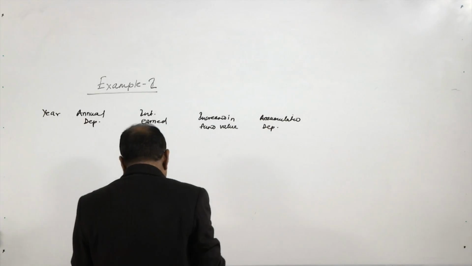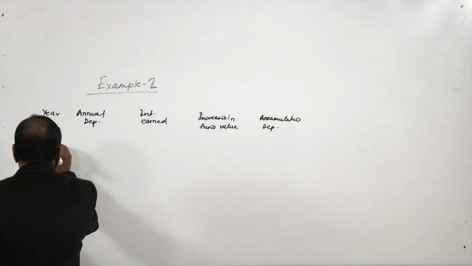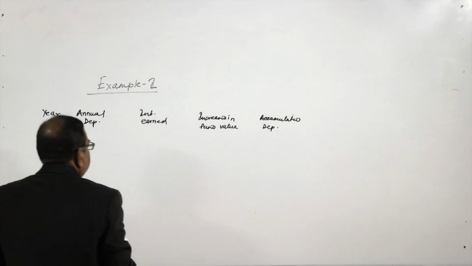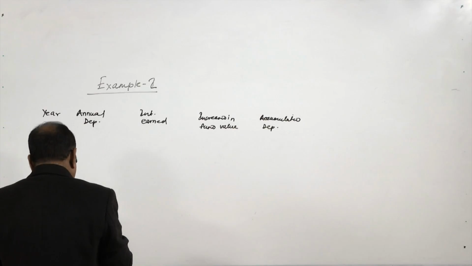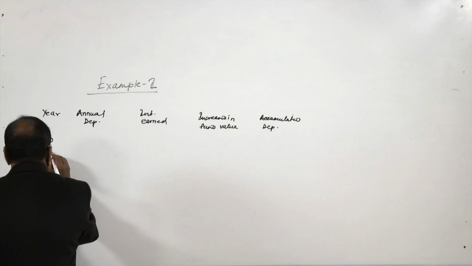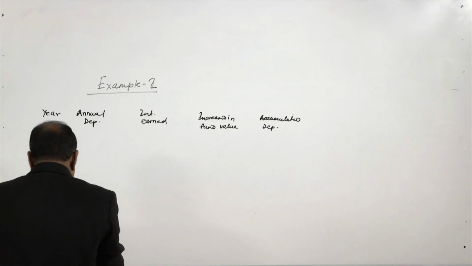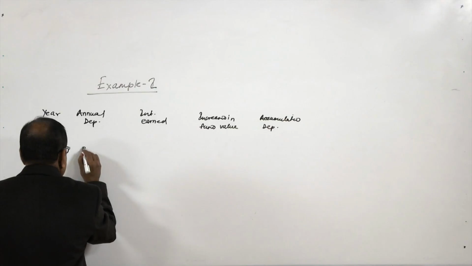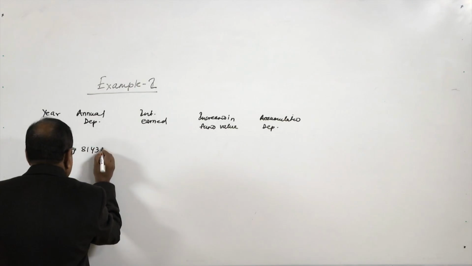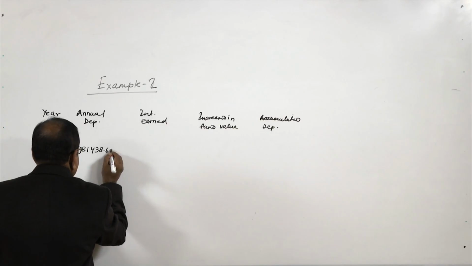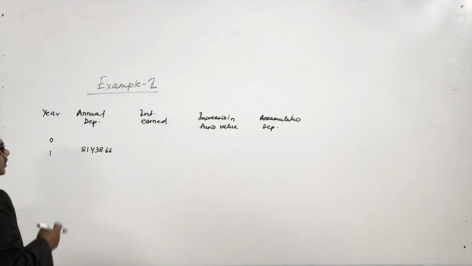If we do this, then at year 0 we have the 5 lakh as book value. Now, in 1 year the payment will be 81438.66. This is the value of R which we have calculated.